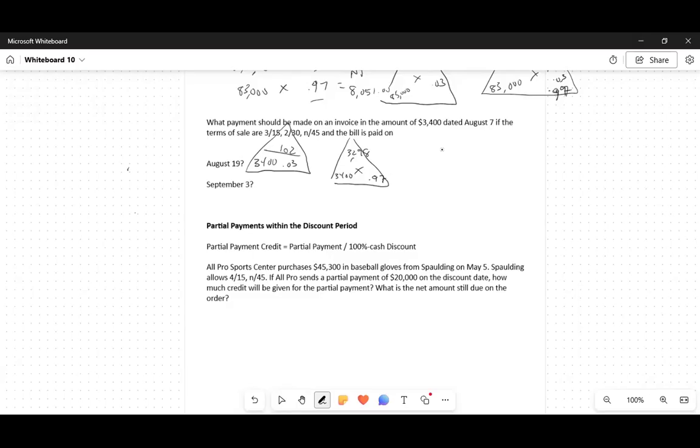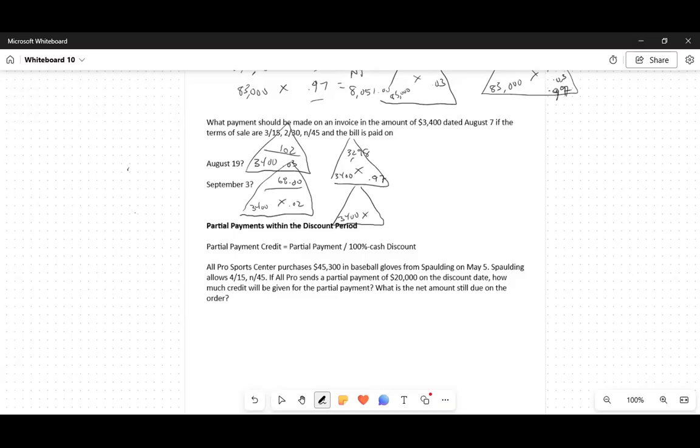September 3rd is now within the 2% discount. So again, I would still do the 3,400. This time I'd multiply it by 0.02 to find my discount amount. That's going to come out to 3,400 times 0.02, a $68 discount. Or I could have, again, just used the complement method to find out what the net price was to begin with.